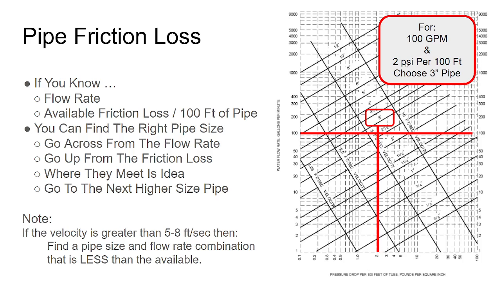So there's my 2 psi per 100 foot. And I draw straight up. And where they cross is my ideal size. So I have to go up to the next biggest pipe, which is 3 inches. So that's how we read one of these friction loss charts and pick the correct pipe size for my job.